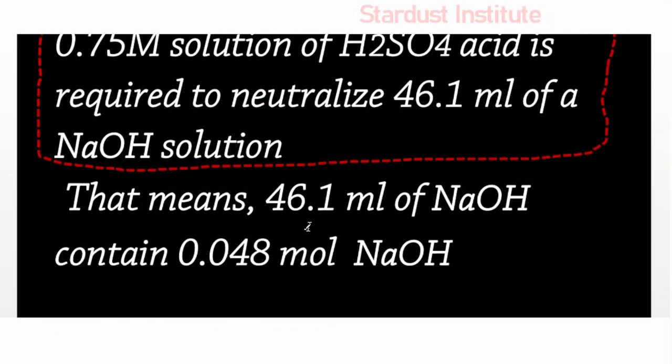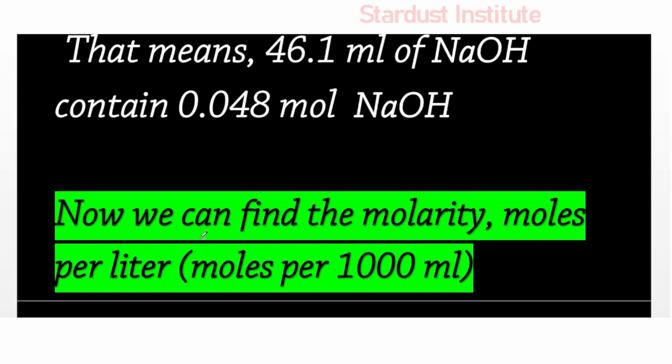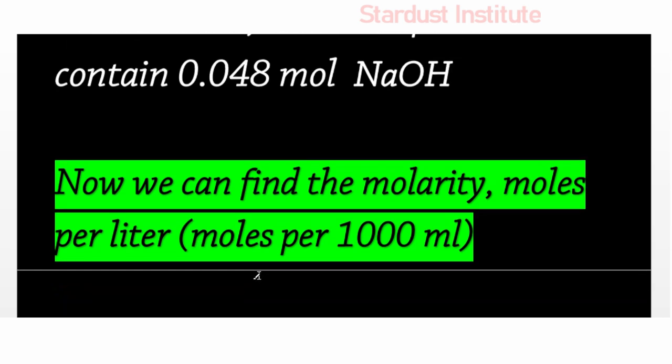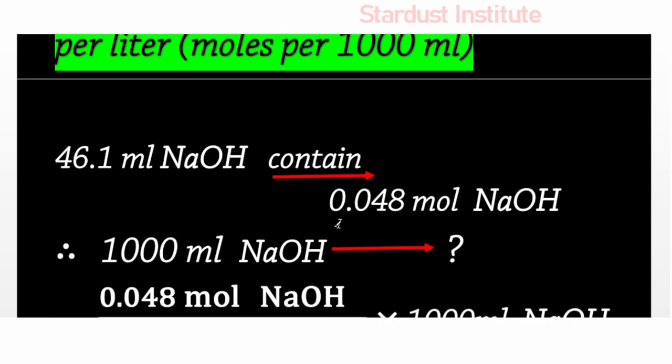That means 46.1 milliliters of NaOH contain 0.048 moles of NaOH. Now we can find the molarity, moles per liter, or moles per 1000 milliliters.